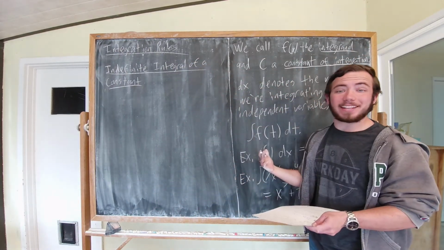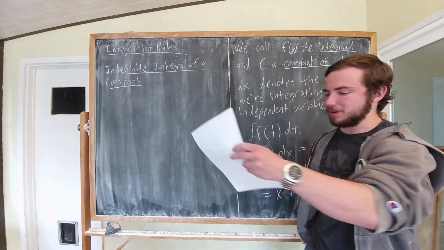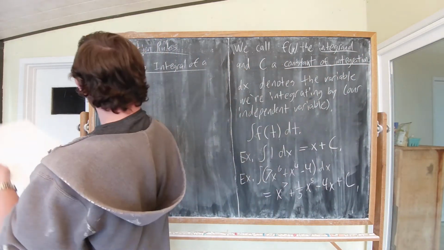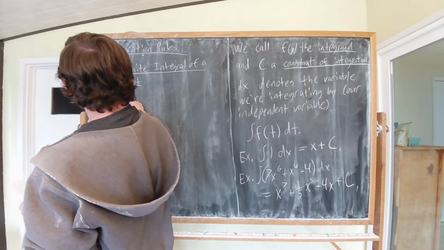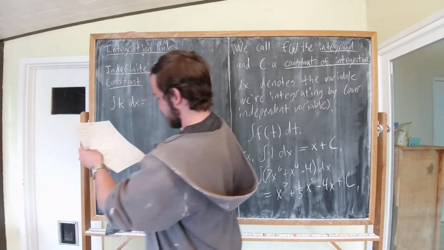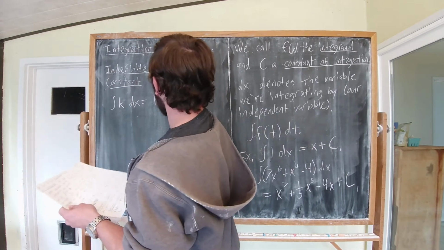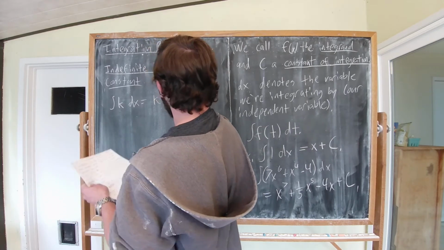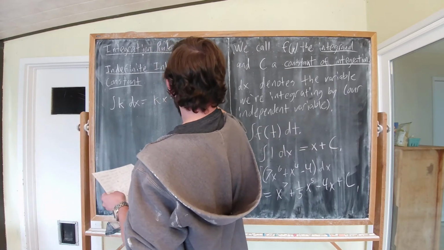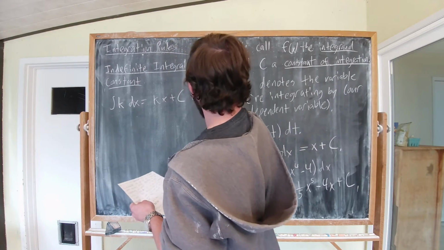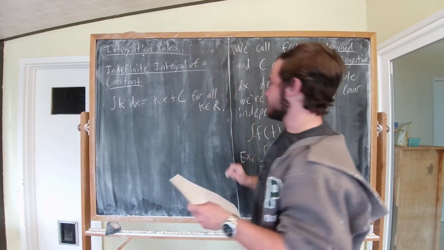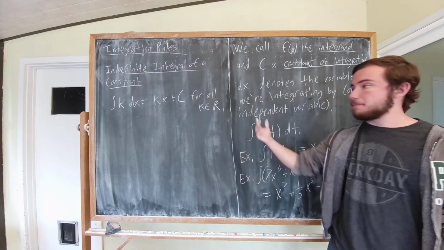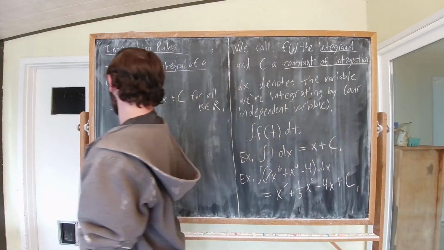Technically that's me being sloppy, but it will happen. Just force of habit. Okay, so the integral of any constant k dx is kx plus c. And this is true for all real numbers or complex numbers.